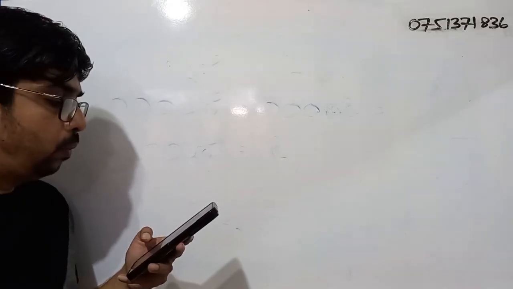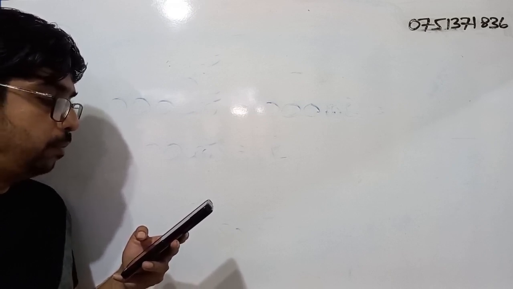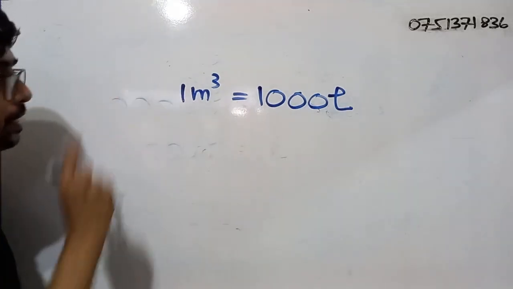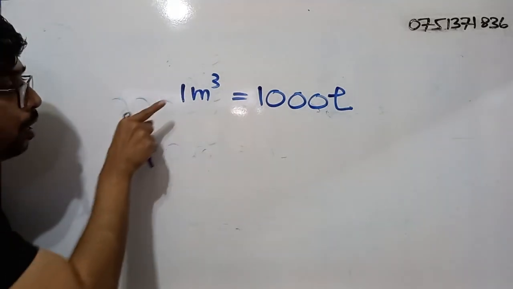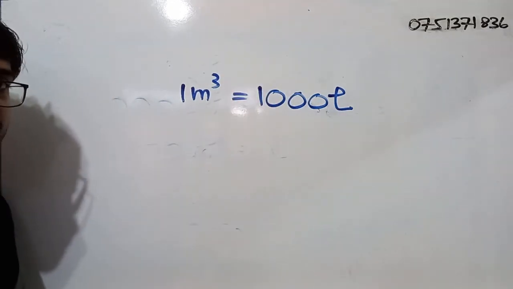Okay, so now we will move to page number 3. The relationship between a liter and a cubic meter. Right, so this is a relationship. That means 1 cubic meter will be equal to 1000 liters.